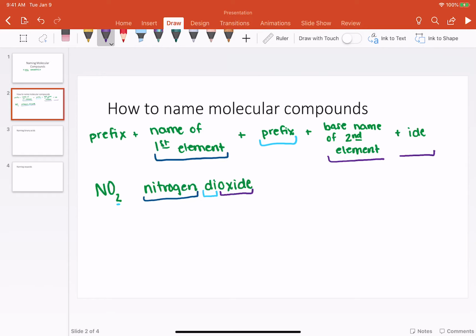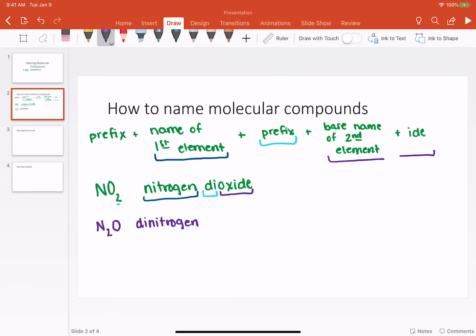So alternatively, we could have N2O. In this case, there are two nitrogens, so two of the first element, and that means that we do actually have to write the prefix for that name of the first element. So that is going to be dinitrogen.